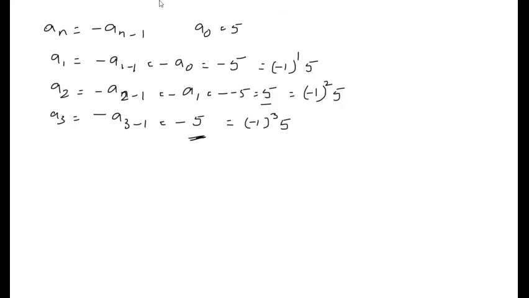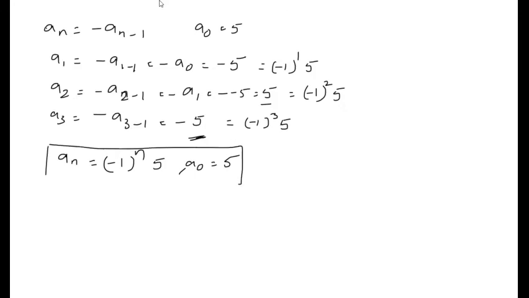So that means when the power is odd we are getting the minus sign, and when the power is even we are getting the plus sign. The generalized solution for the given recurrence relation is a_n equal to (minus 1) power n into 5, where a_0 equal to 5. So this is the solution for the given recurrence relation.